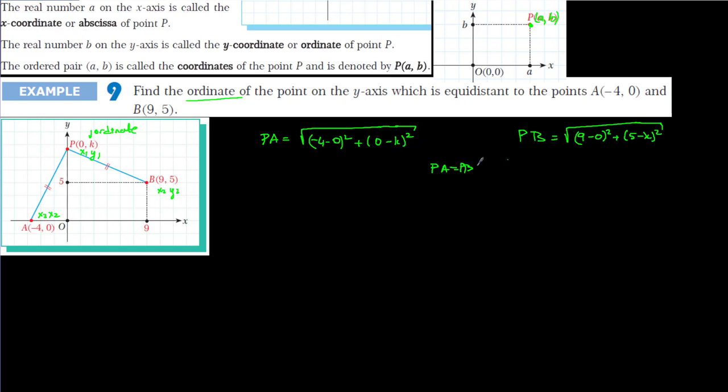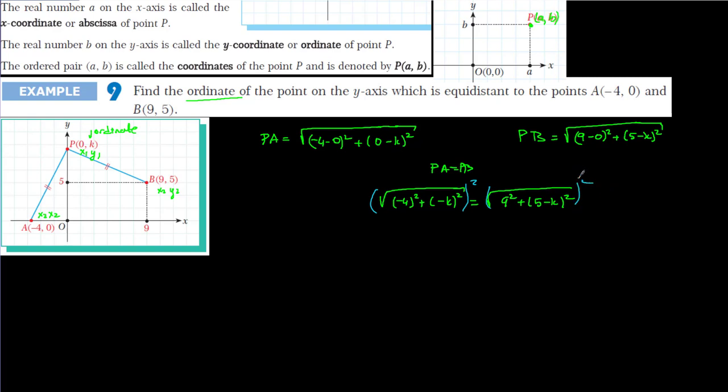So since PA is equal to PB, square root of (minus 4) square plus (minus k) square is equal to square root of 9 square plus (5 minus k) square. So to solve this equation, first we should get rid of the square roots.